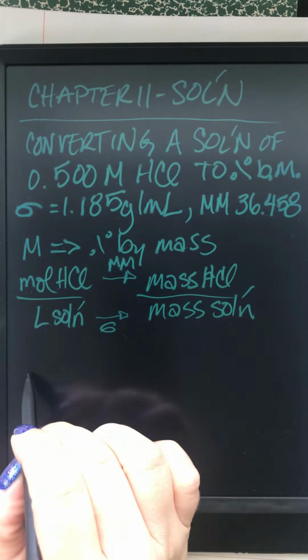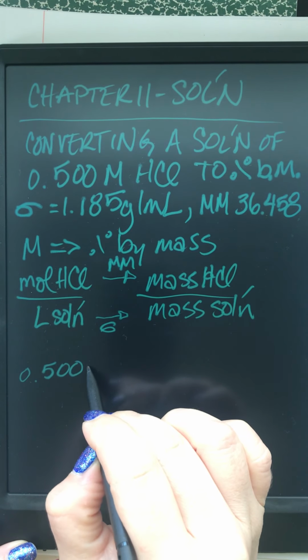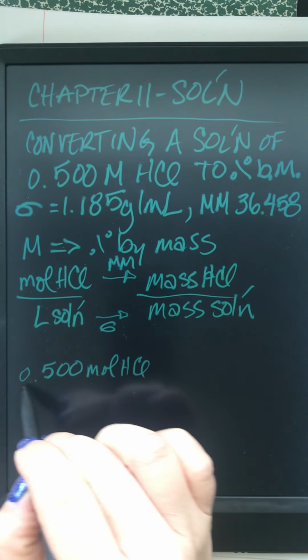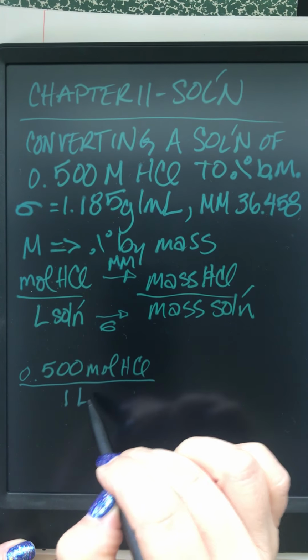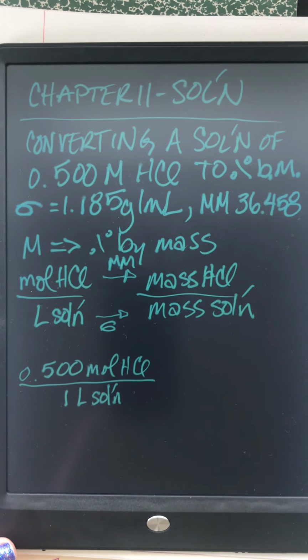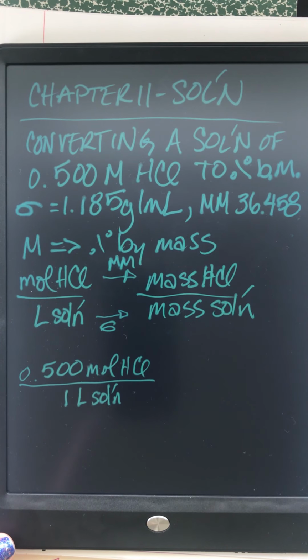All right, so we're starting off with 0.5 moles of HCl per 1 liter of solution, right? So which one do you want to convert first, the top or the bottom? You can do density first. You want to do the density first?